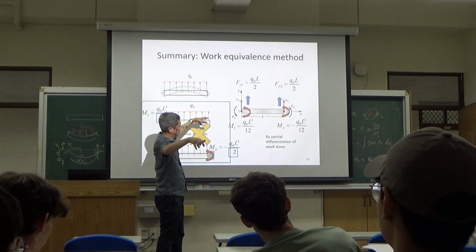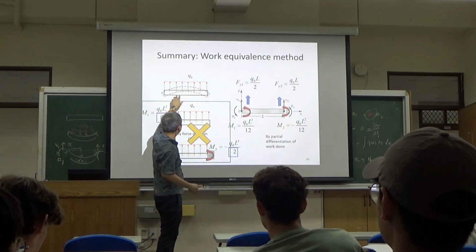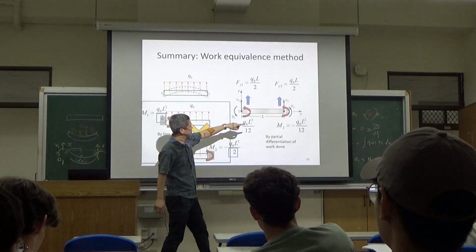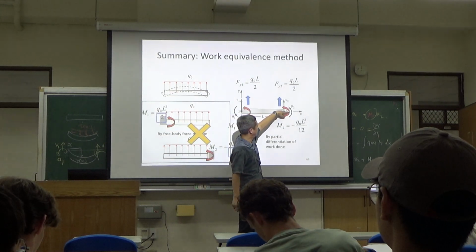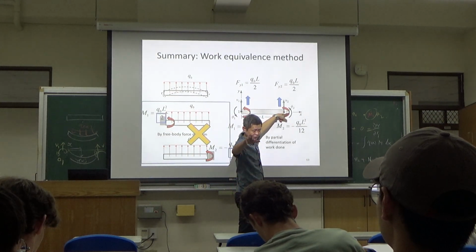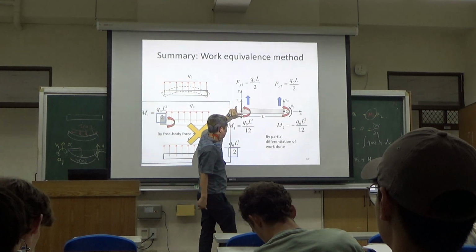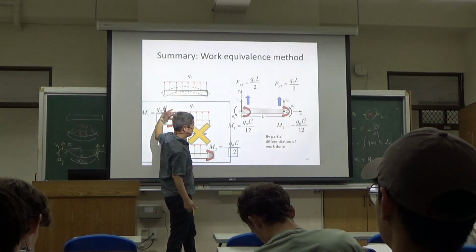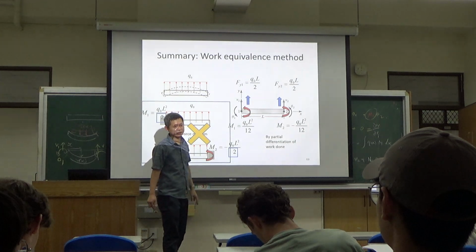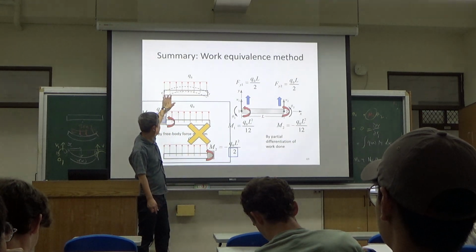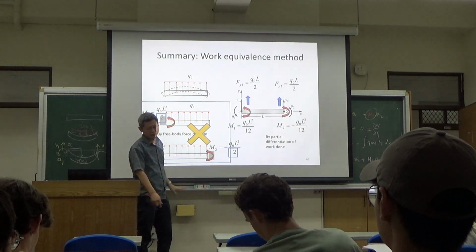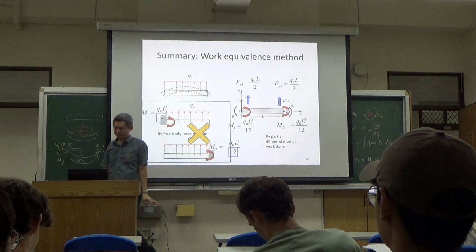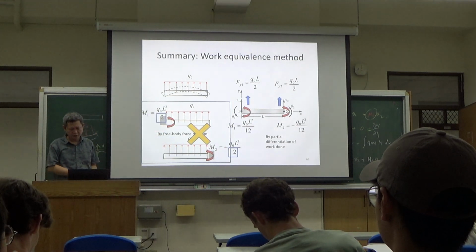It is a moment that does the popping up of the beam. So the one on the right hand side is negative, meaning it is clockwise. The one on the left hand side is counterclockwise. In that way, you produce an equivalent deflection.